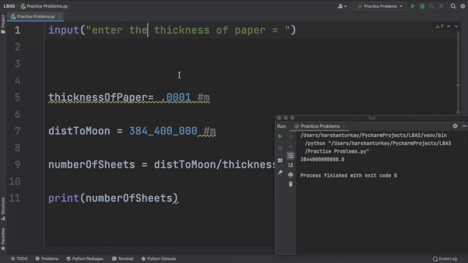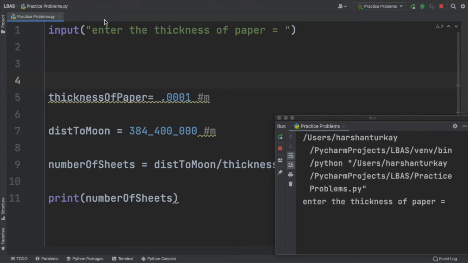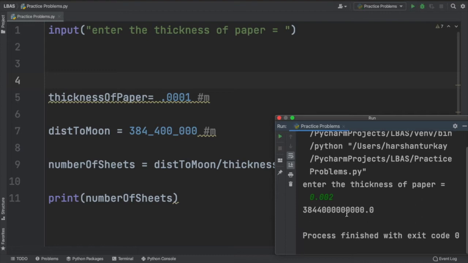Now, when you run this same program, it's going to ask you whatever you've written here, and it says enter the thickness of paper, and I'll just say 0.003 and continue. But you get the same answer. That's because the calculation is done with this and not whatever we've put here.